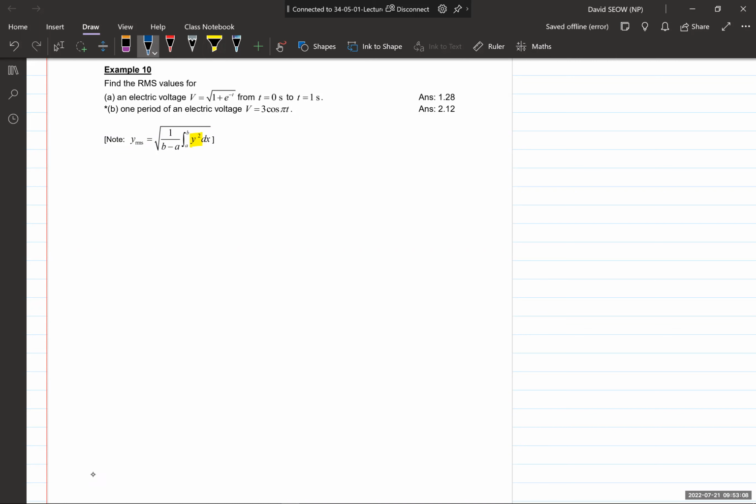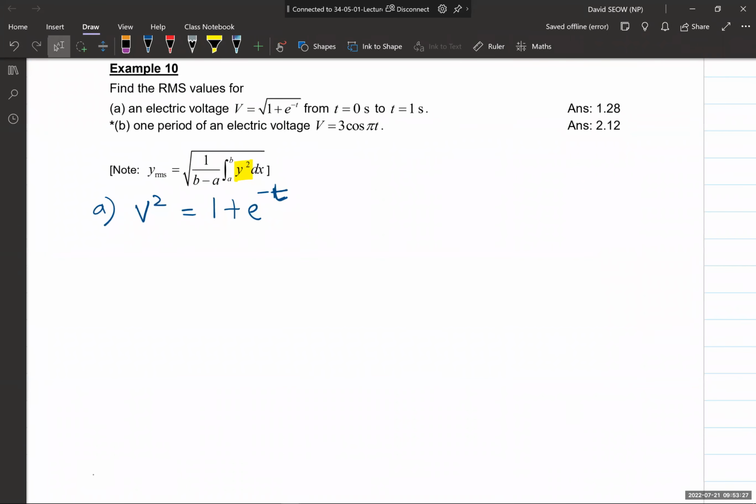In this case, for part A, my y square is actually v square. So v squared is equal to 1 plus e to the power minus t. Enlarge a bit, minus t.